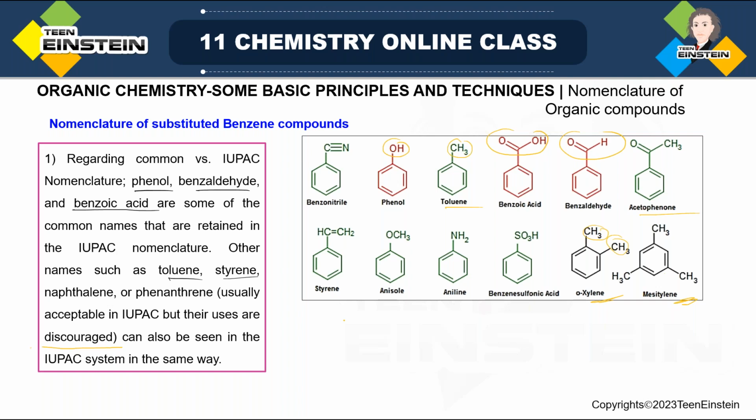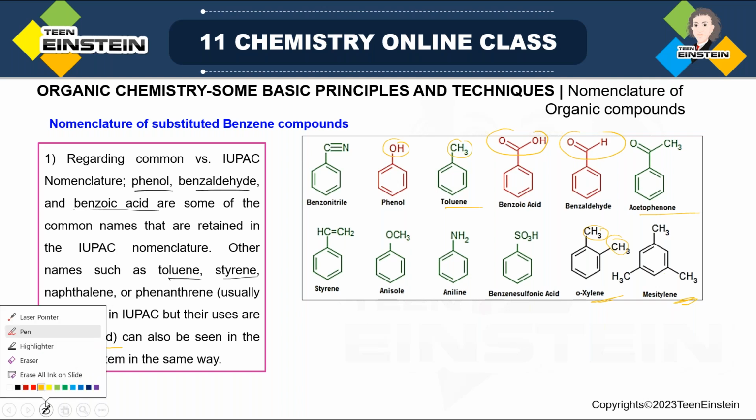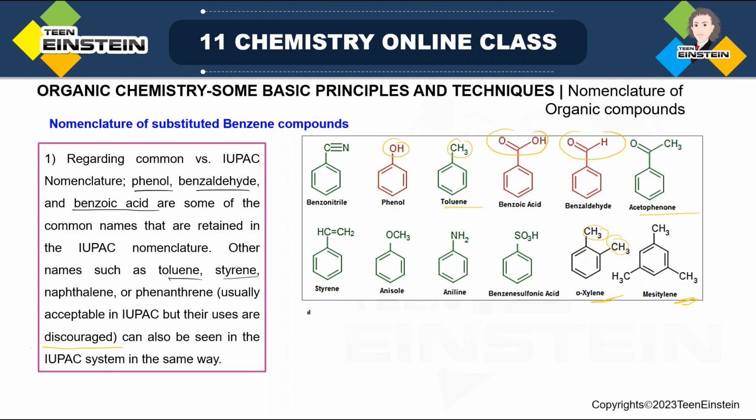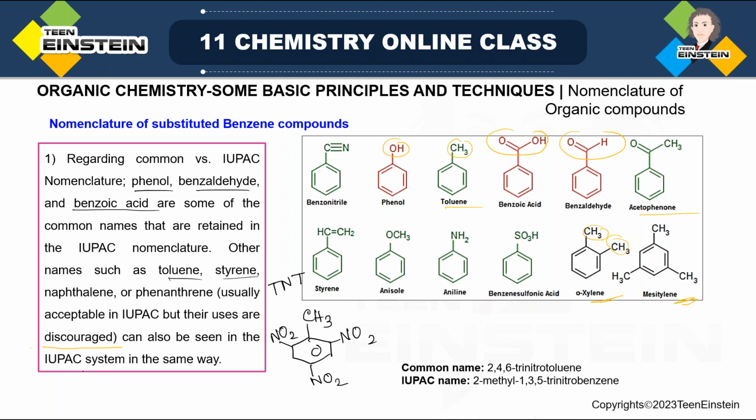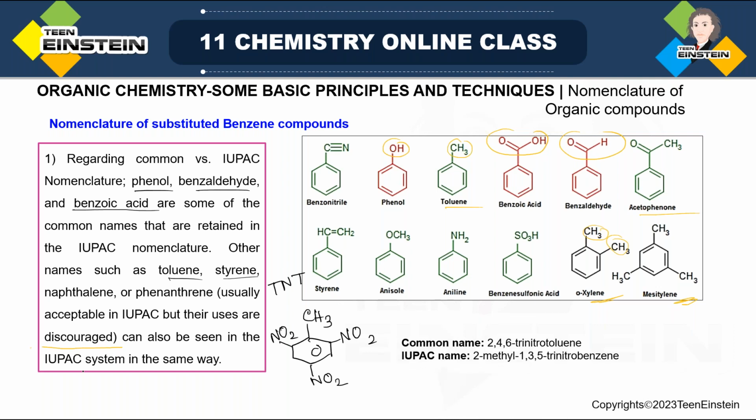Okay. Now here we will take one example so that we can understand the difference between common name and IUPAC name. This is a compound which is normally known as TNT, trinitrotoluene, but that name is actually a common name. Now see here, both the common name and the IUPAC name are mentioned.